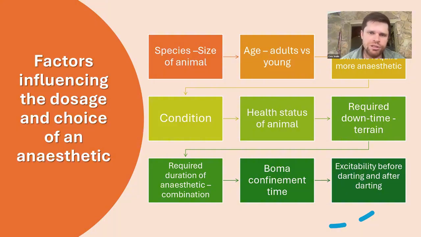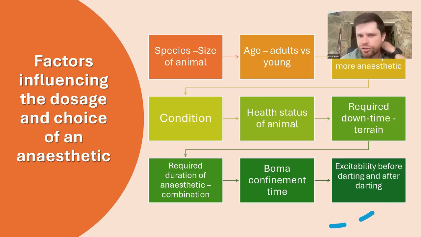Obviously the age is very important. Your very, very old animals, some of them are in slightly poorer health and so may need less drugs to become immobilized. Likewise, very young and small animals will also need less immobilization drugs. Then the gender of the animal is also very important.